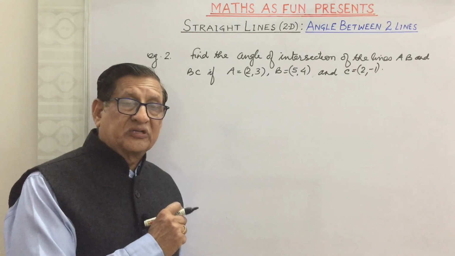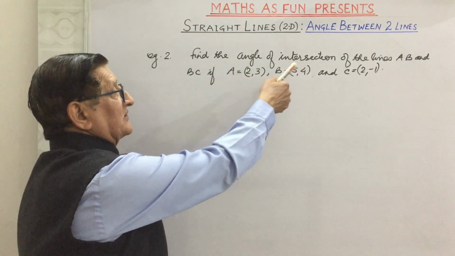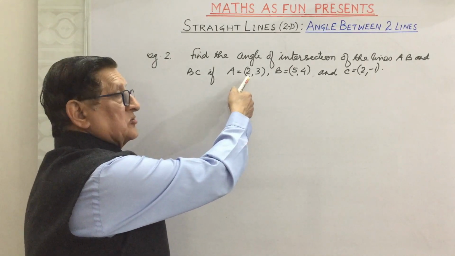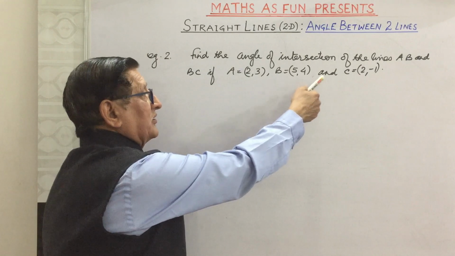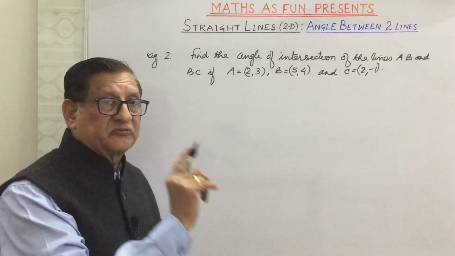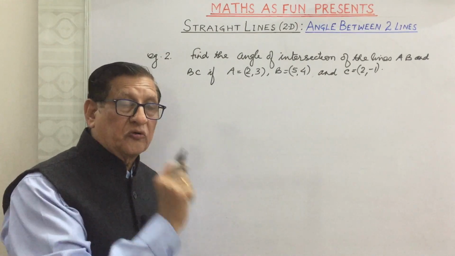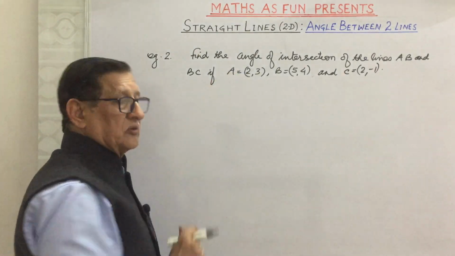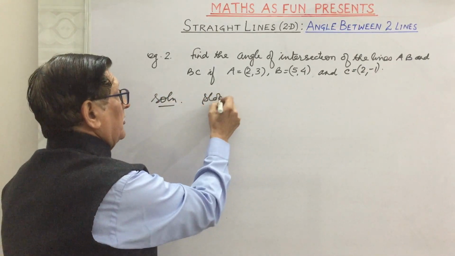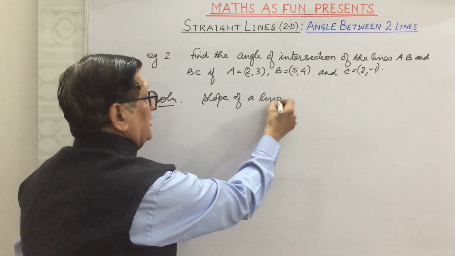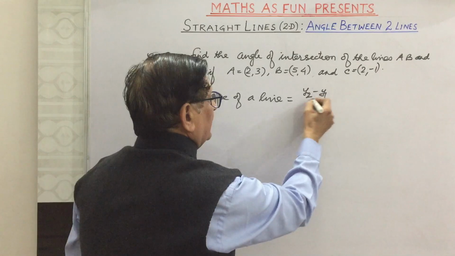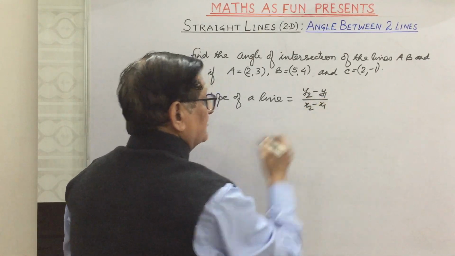The next example we discuss is find the angle of intersection of the lines AB and BC if A is (2, 3), B is (5, 4) and point C is (2, -1). In such problem, first we have to find out the slopes of the lines AB and BC. So we write here slope of a line is given by the formula we know, that is y2 minus y1 upon x2 minus x1.